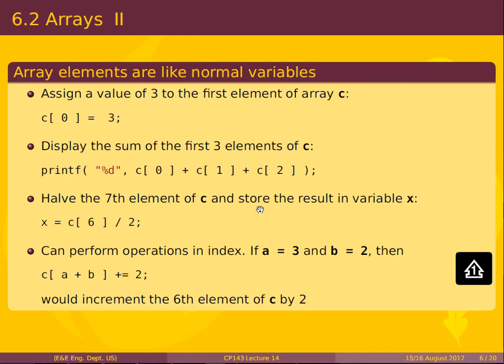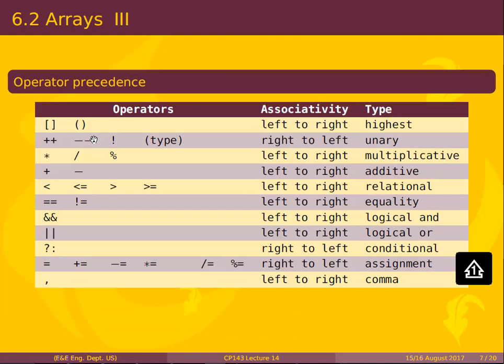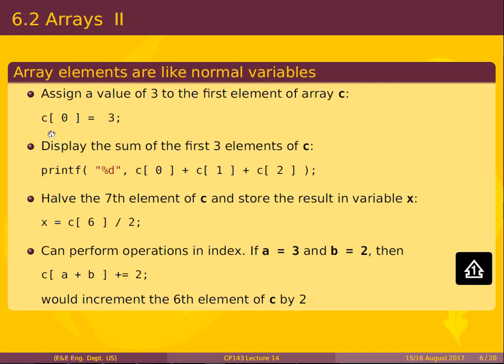Now we can operate on the array. We can operate on each of its elements, its indexes. For example, we have array C and we want to assign the value 3 to the element at position number 0. Then we can say C[0] is equal to 3.